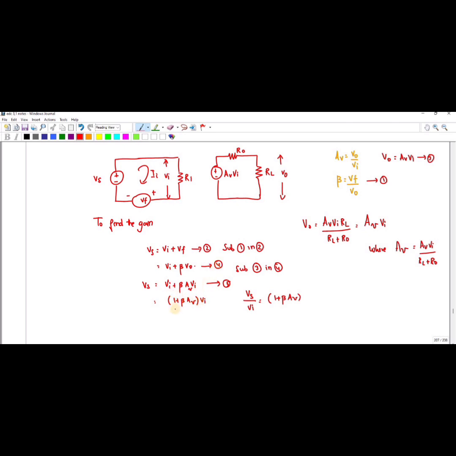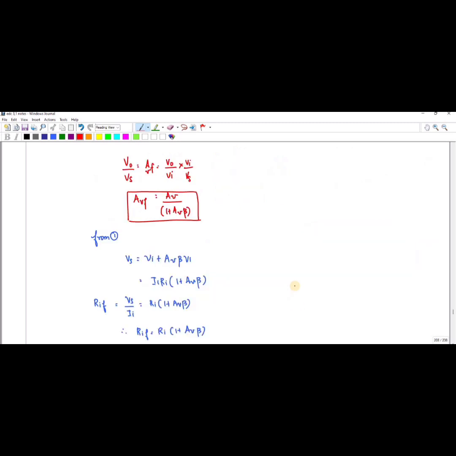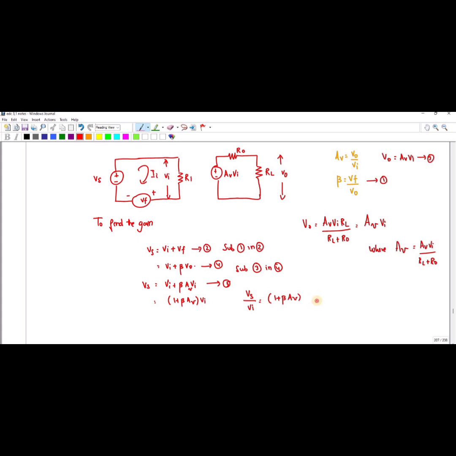I am going to take Vi common. So Vs/Vi = 1 + beta Av. What I need to find is V0/Vs, that is nothing but Avf. So I multiply and divide by Vi on both sides, and I get V0/Vi = Av and Vi/Vs = 1/(1 + Av beta), from the sixth equation.